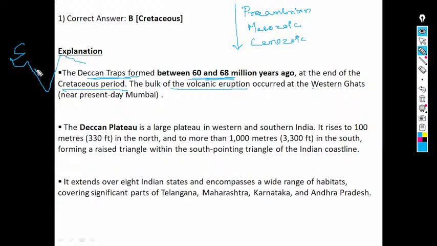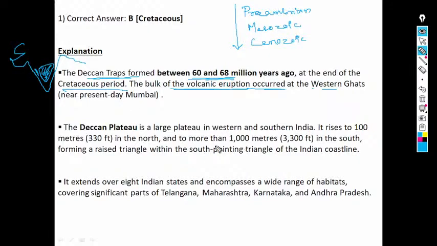This is the Western Ghat, and the Deccan Plateau is formed here. The bulk of the volcanic eruption occurred at the Western Ghat, which is present-day near Mumbai.